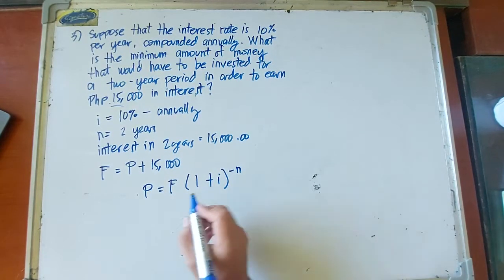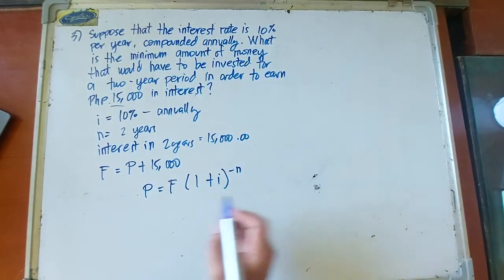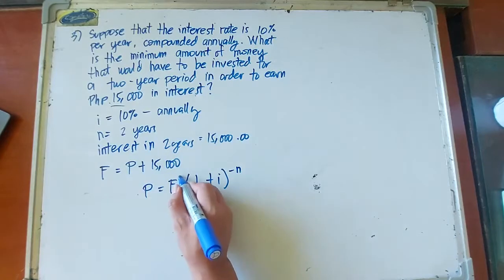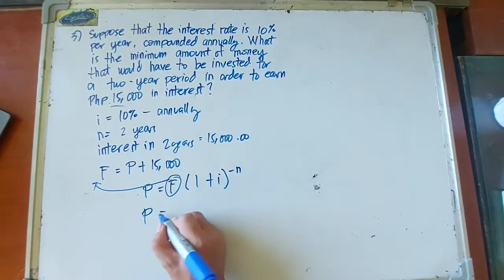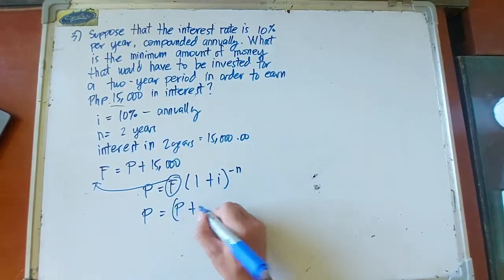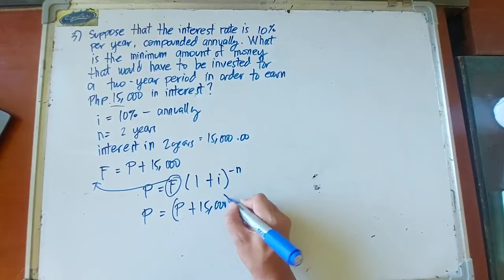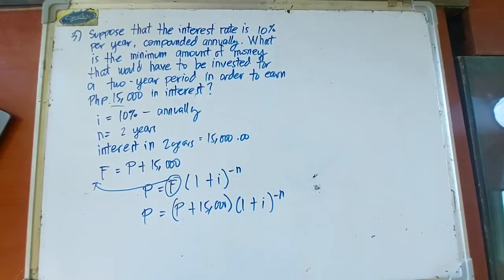So, if this is the case, the present worth then. If F is equal to P plus 15,000, then substitute lang natin yung value nito. That's P plus 15,000 times 1 plus I raised to negative N. So we are solving for the initial amount or the present worth or the principal.